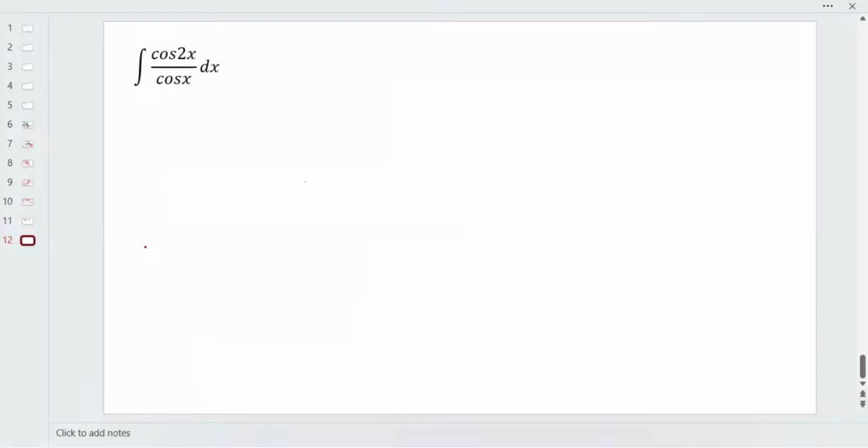All right, so we'll go like this. We have cos 2x at the top. Now, if you recall from our knowledge of trigonometry, cos(A + B) is cos A cos B minus sin A sin B. That means cos 2x is actually cos(x + x).